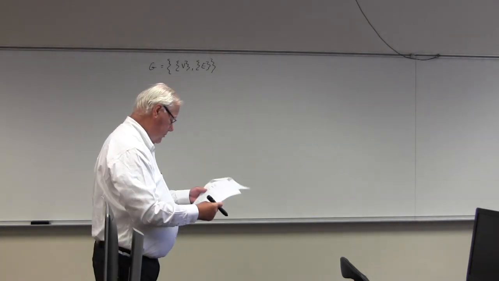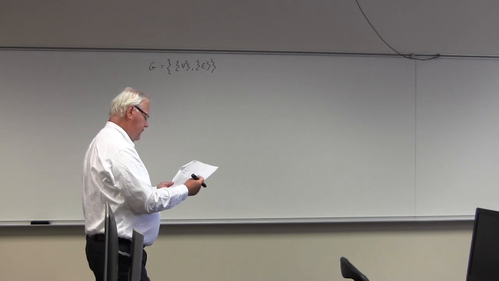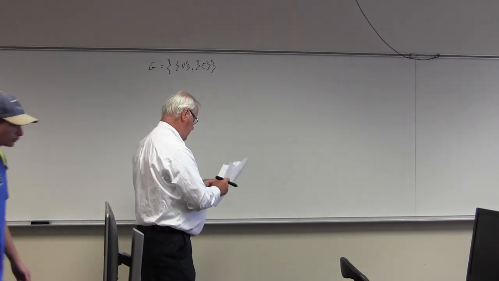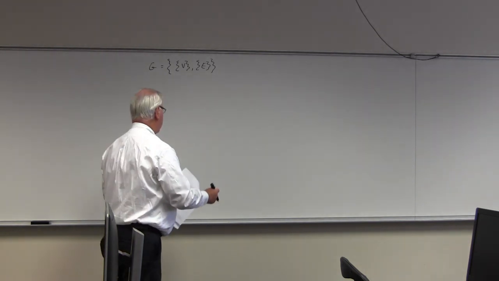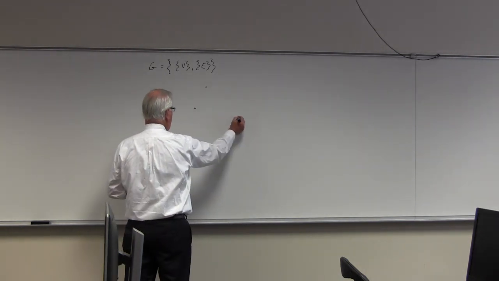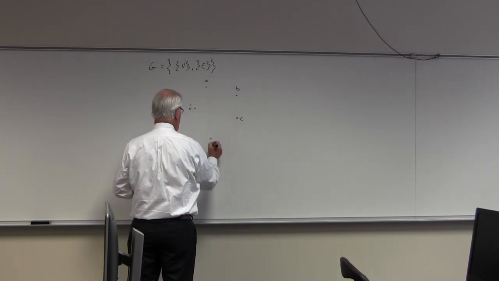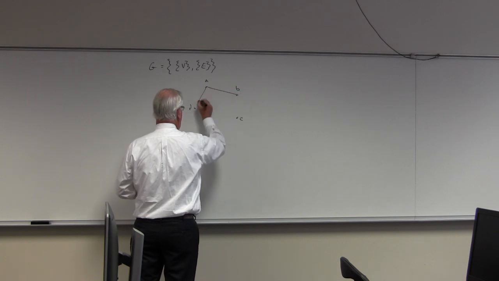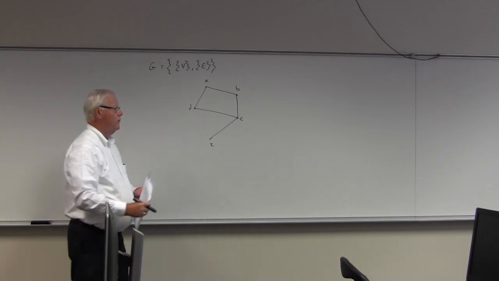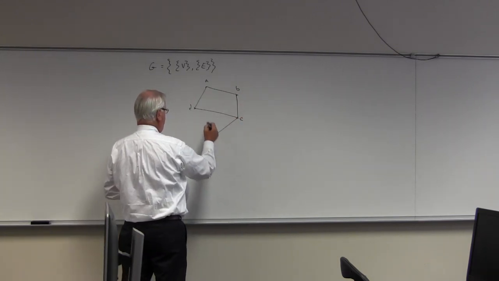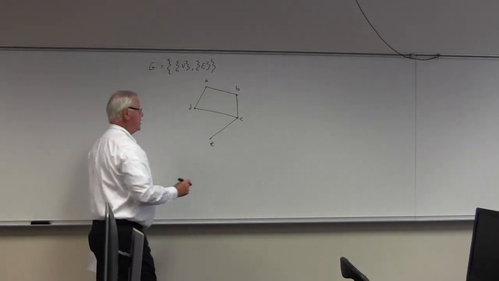Okay? So let's get into a little more detail on some of the definitions. If we have a graph like this, something like that, these dots, A, B, C, D, and E, are the vertices, and the lines connecting them are the edges.